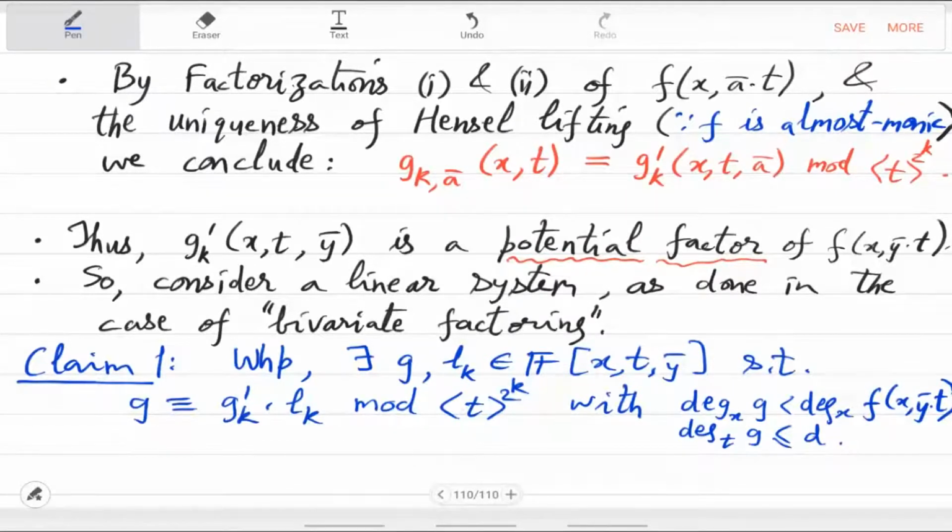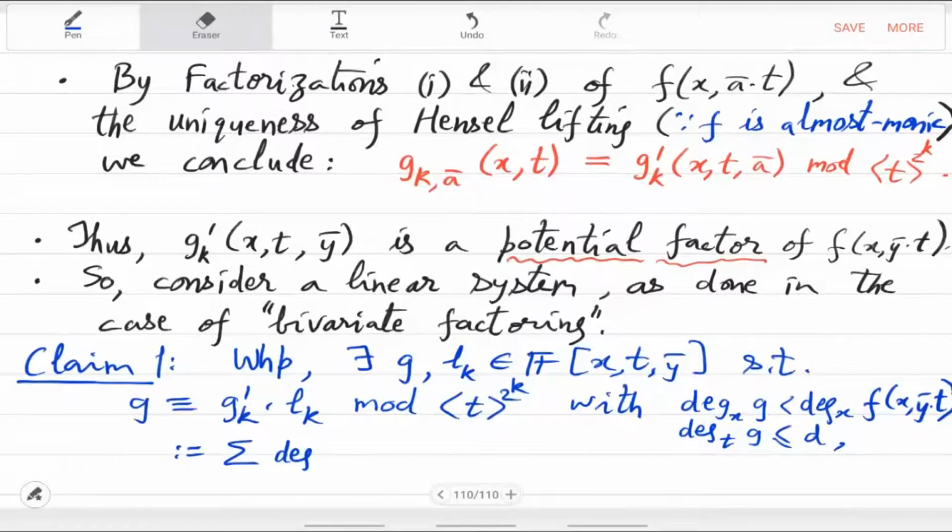But for y bar it is a bit more complicated because there are many variables, right? There is y1 to yn. So let's write that down. The degree of g with respect to y bar is what? I am defining the degree of g. Yeah, that's bad notation, let me change it slightly.